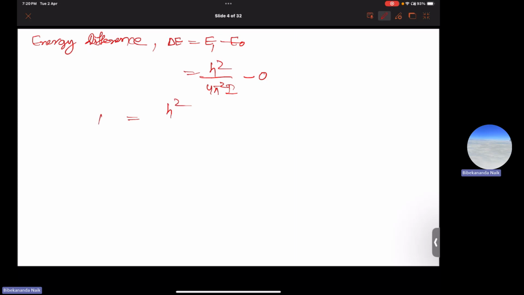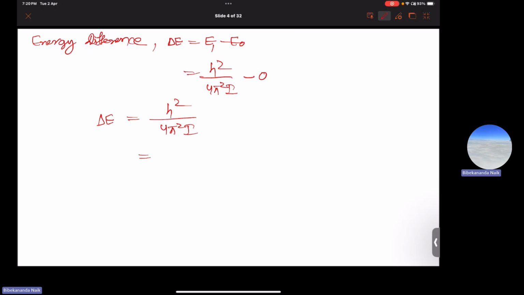So the energy difference delta E is equal to E1 minus E0, which is h square divided by 4 pi square I minus 0, because the ground state level is 0, which corresponds to J equals to 0. So it will be only the first term. So delta E will be nothing but h square divided by 4 pi square I.